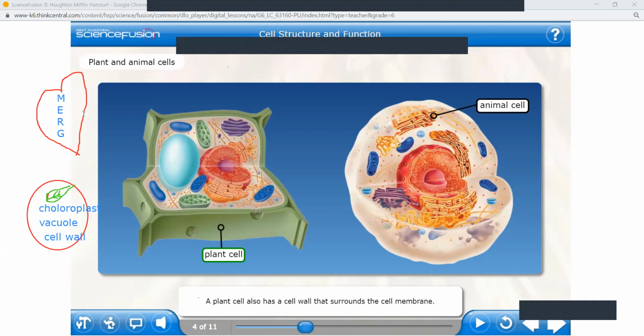E is for endoplasmic reticulum. And R is for ribosome. G is for Golgi complex.